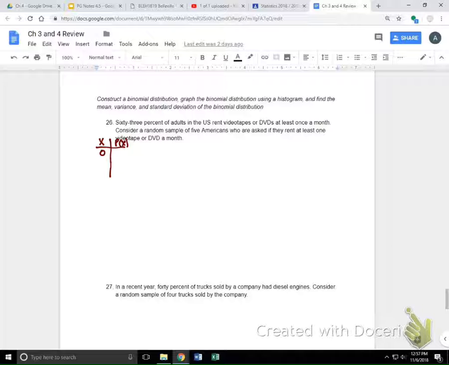So that is going to be your formula. Here we have n equals 5, p equals 0.63, q equals 0.37. So we have 5 choose x, then we have 0.63 to the x, 0.37 to the 5 minus x, where x is going to be our values over here.